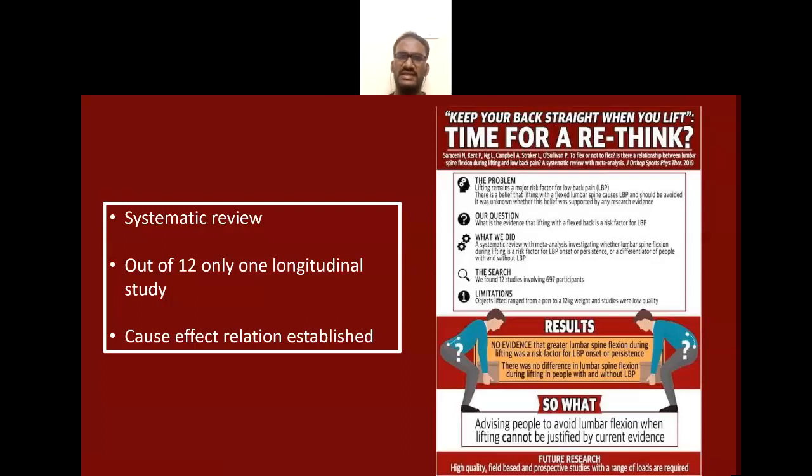For that, they screened the studies, did a systematic meta-analysis, and came to the conclusion that lumbar spine flexion doesn't seem to have a major impact on low back pain.